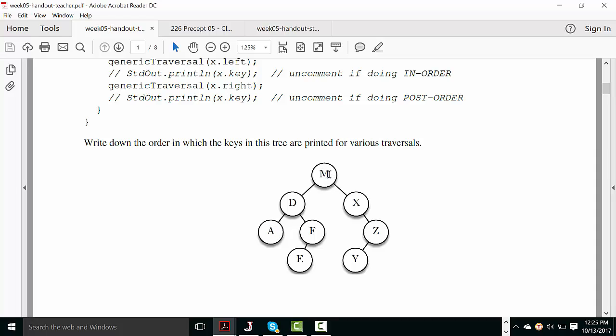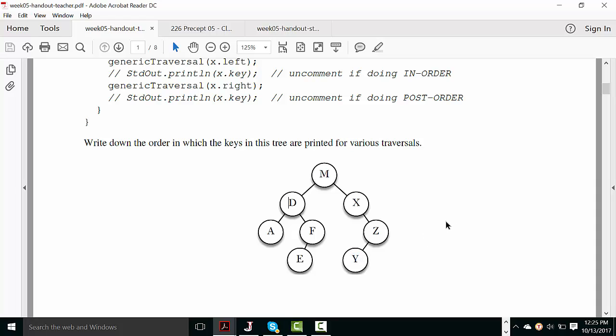So the first order would be M, D, A. Then once you process the left subtree, you go to the right subtree and you process F. And then you go to the left tree of that, because remember always root, left, right. So I go to the left, that would be E. Since I processed this entire tree, now I go to the right and process the root of that, which is X. And then there's no left, so I go to the right, I process the root of that, which is Z, and then process the root of that, that's Y.